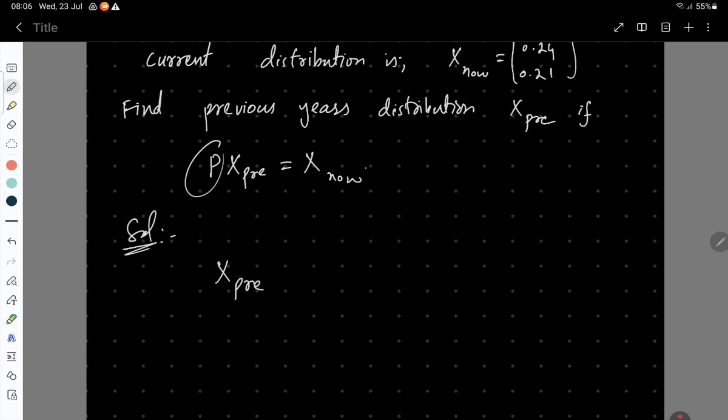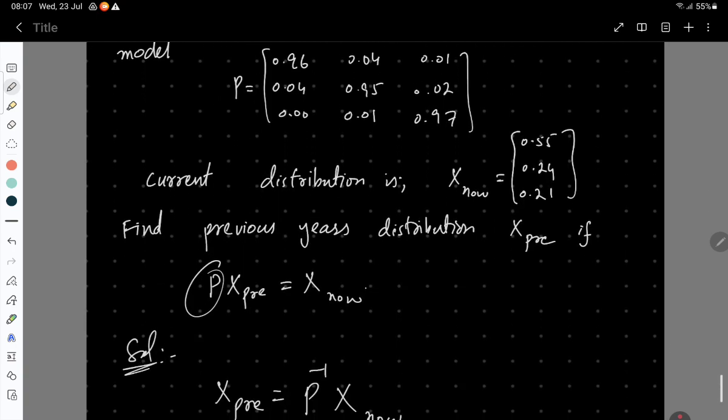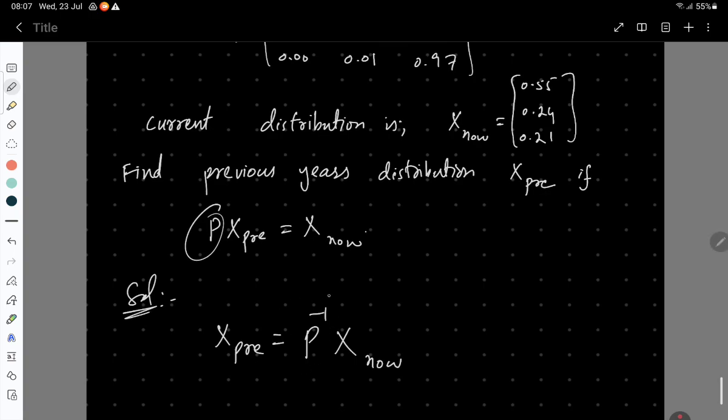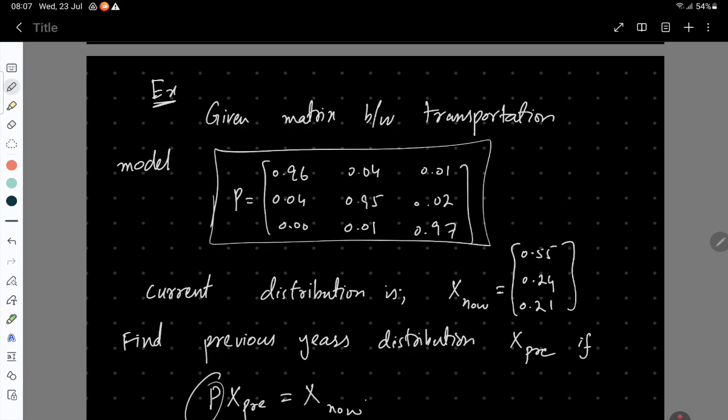When you take this P here, it will be P inverse, P inverse x now. And how to find P inverse? This is P. You can find P inverse using row reduced echelon form. When you get P inverse, then you put the value here and multiply this with x now. You will get the previous year's distribution. So in this example, your main task is to find the inverse of this matrix, and I have already taught you how to find the inverse of this matrix.